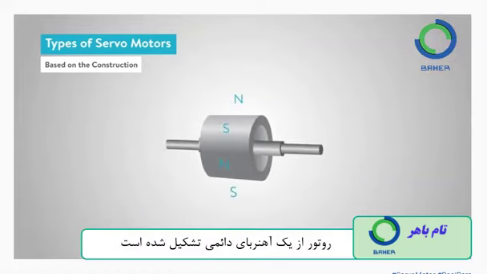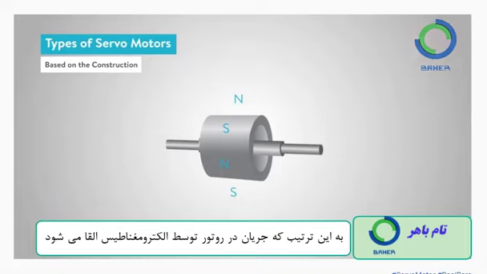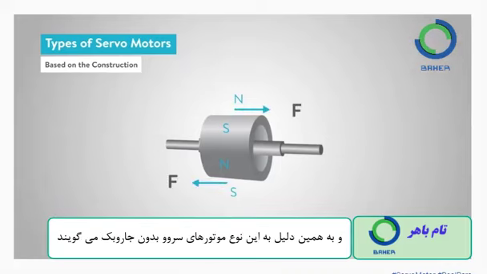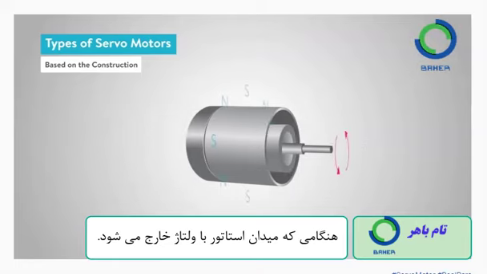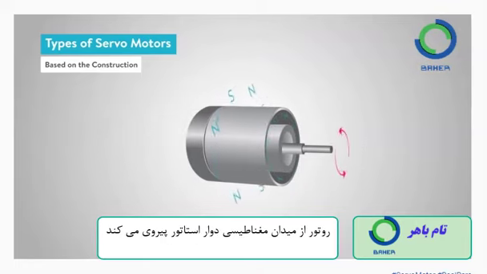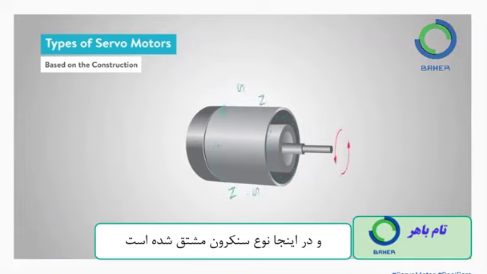The rotor consists of a permanent magnet, and this differs with the asynchronous induction type rotor in that the current in the rotor is induced by electromagnetism, and therefore these types are called brushless servo motors. When the stator field is excited with voltage, the rotor follows the rotating magnetic field of the stator at the same speed, or synchronized with the excited field of the stator, and this is where the synchronous type is derived.